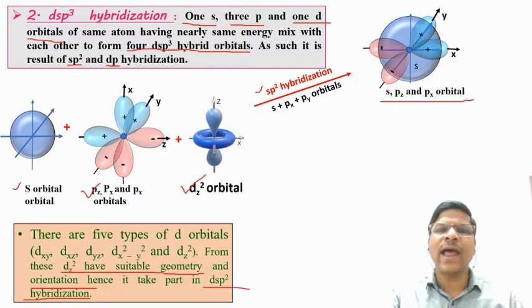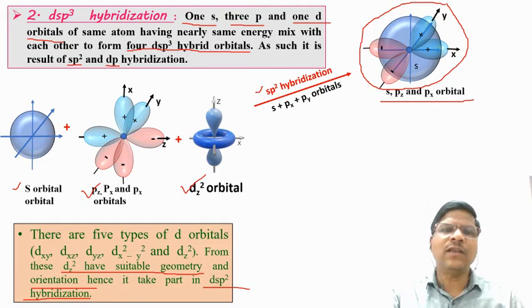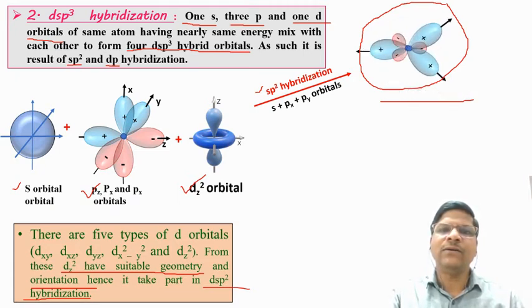In an atom, these three orbitals, that is, s, px and py, look like this together. They undergo hybridization, and on hybridization we get formation of three sp2 hybrid atomic orbitals.